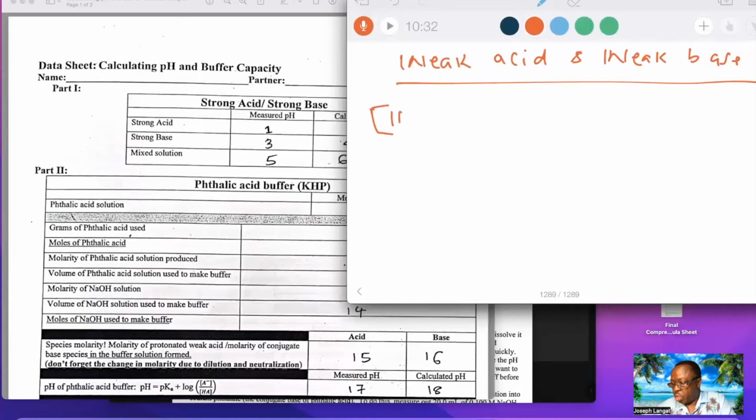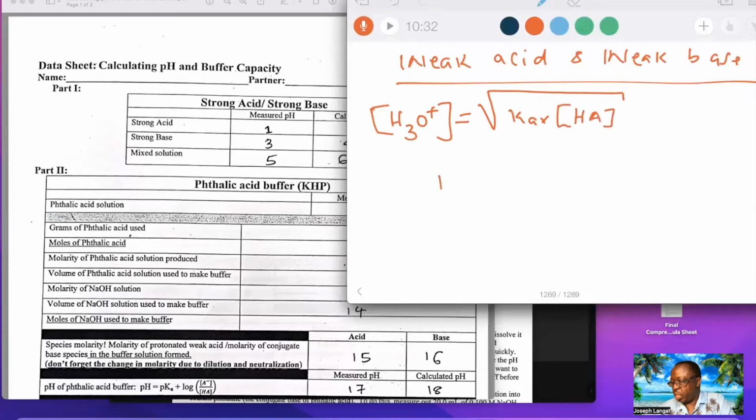Hydronium concentration for a weak acid is given by the square root of Ka times the concentration of weak acid.